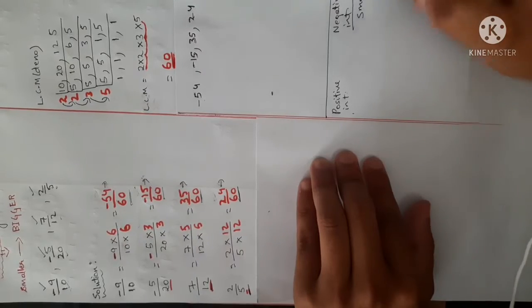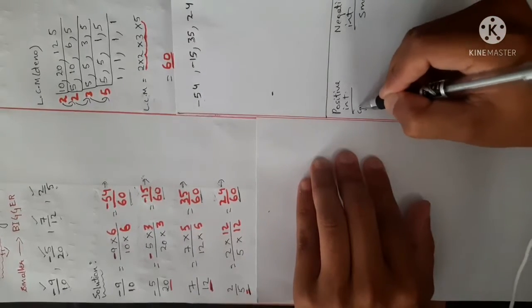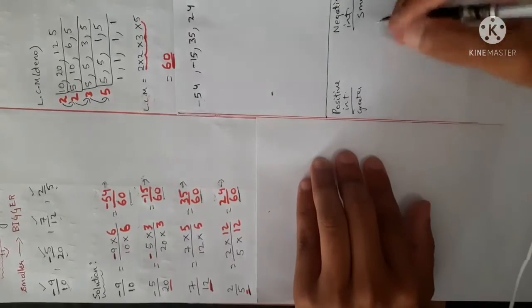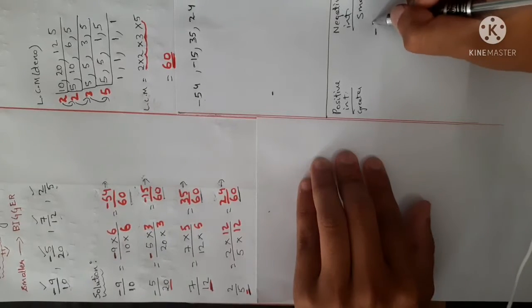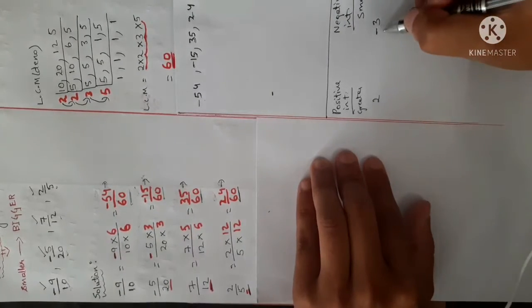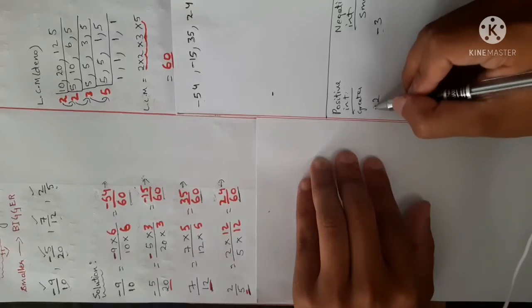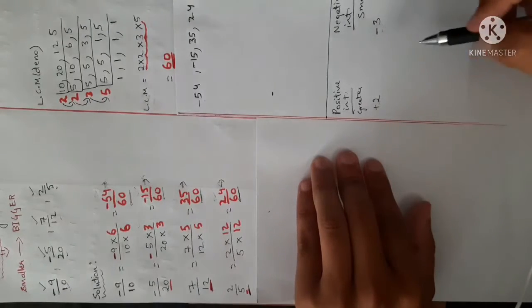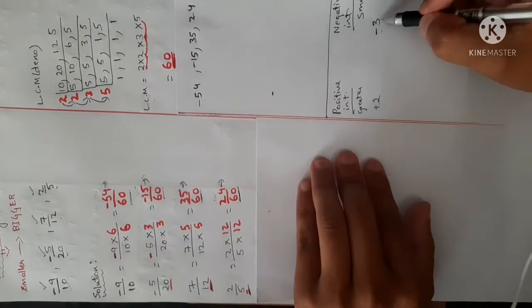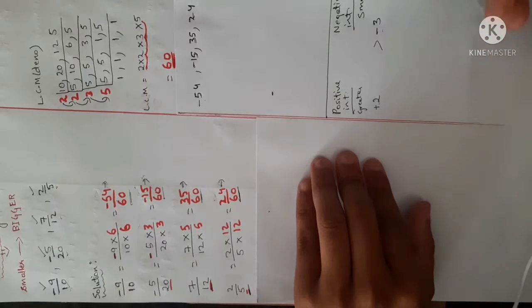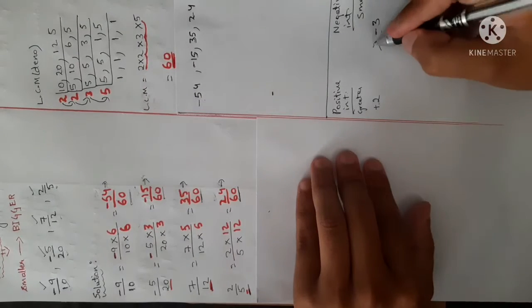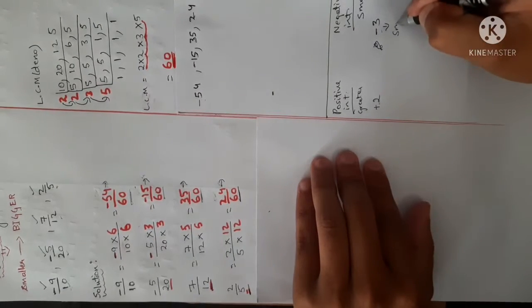Suppose we have minus 3 and 2. This is a negative integer and this is a positive integer. Which of these is smaller? Minus 3 is definitely smaller.